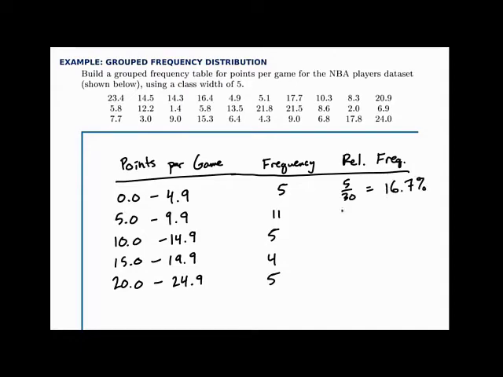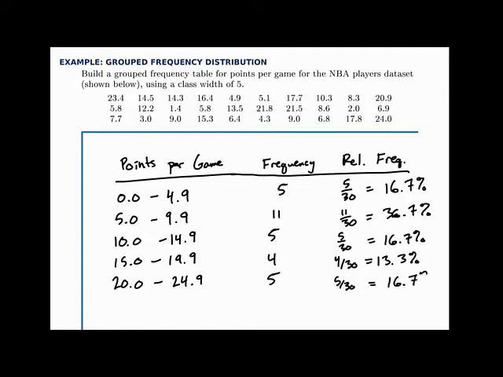And then 11 out of 30, we could round to 36.7%. 5 out of 30 again is 16.7%. And then 4 out of 30, we could round to 13.3% to get the relative frequency for each.